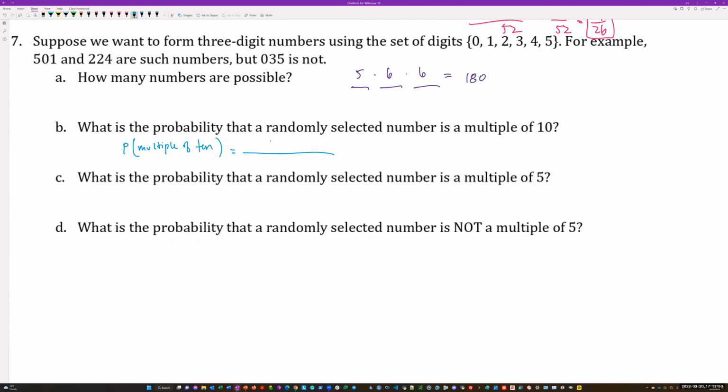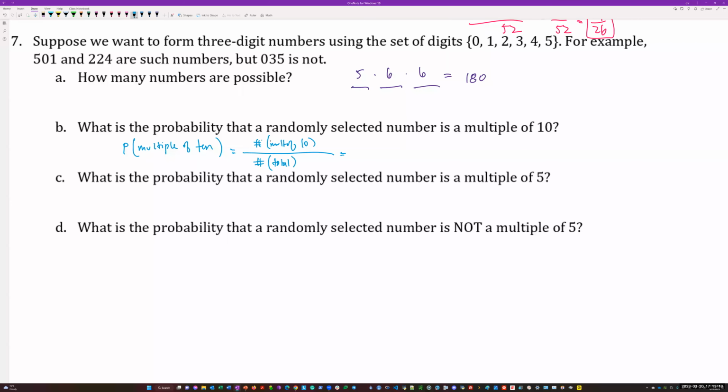What do I have to write on the top and what do I have to write on the bottom? The total is on the bottom, correct. The number of the things that are multiples of 10 is on top. So this is the number that are multiples of 10 divided by the number that's total.